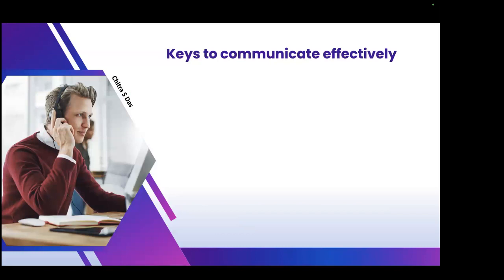Next one is, what are the keys that we can communicate effectively with people, okay? One is, you should know your subject, okay? Especially in a group setting, if you're going for a party or for a seminar, or in any group setup or a community setup, and you want to have a small talk, you're meeting people for the first time, you've got to figure out some commonalities or subjects that people would be able to talk about, okay?